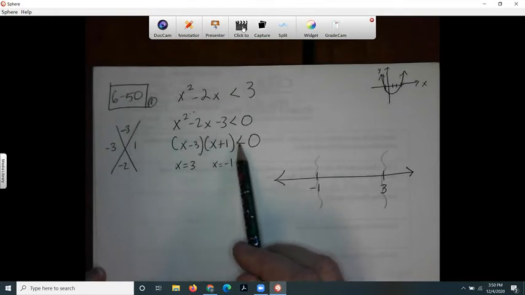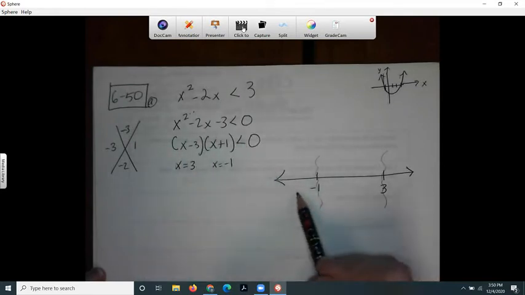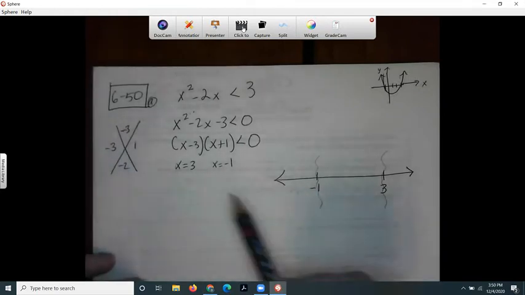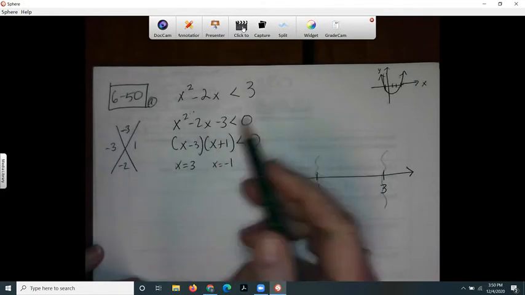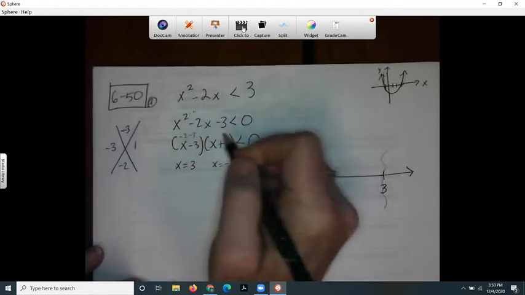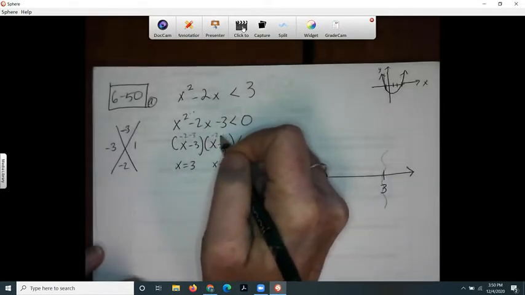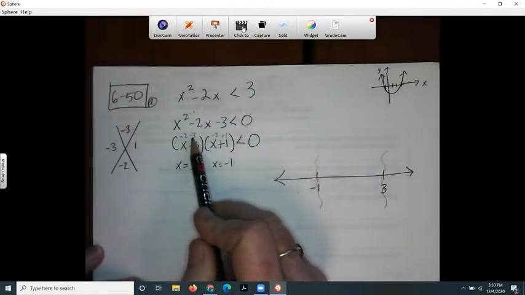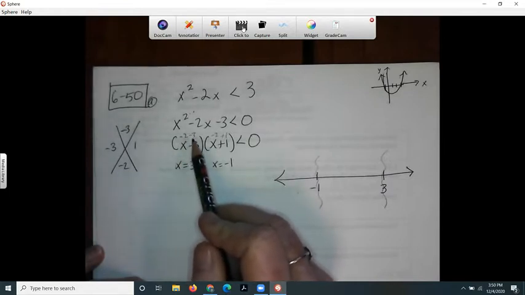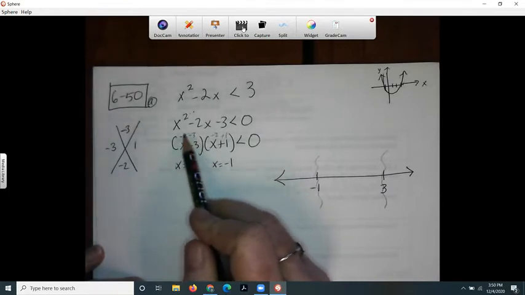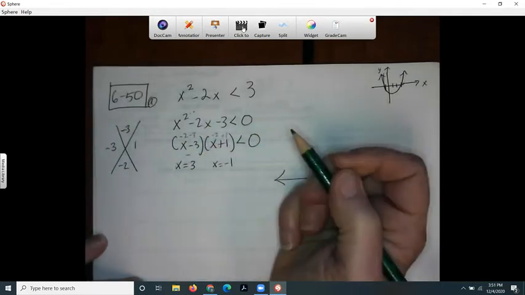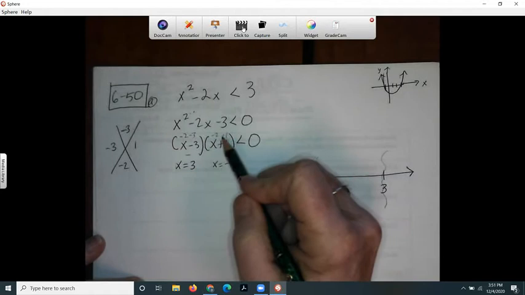So let's plug in an easy negative number, -2. I'll write it really lightly: -2 minus 3 and -2 plus 1. -2 minus 3 is -5. I don't even care what the value is; all I care about is that this is a negative factor, so I'll write a little minus sign under it. Then -2 plus 1 is -1.